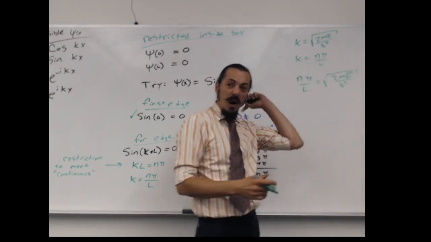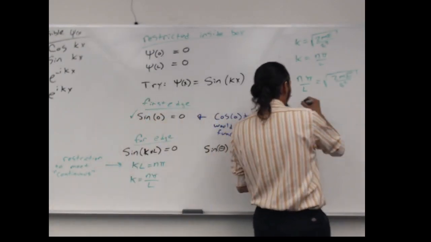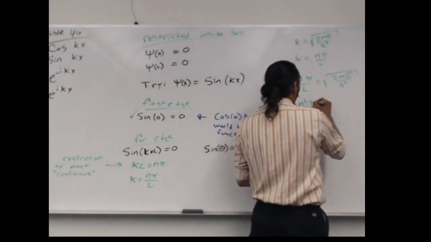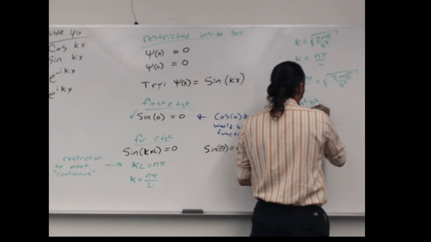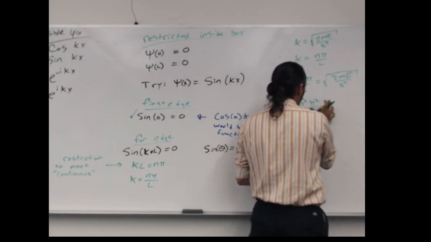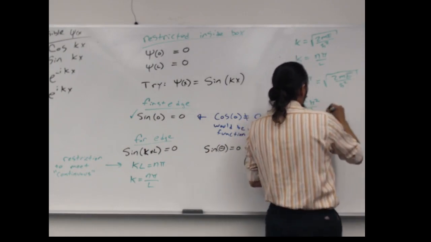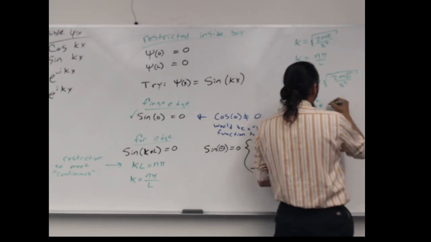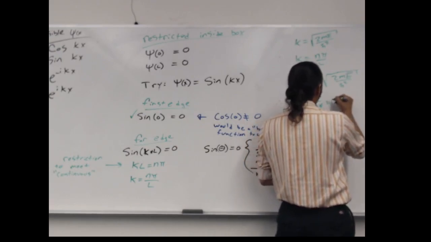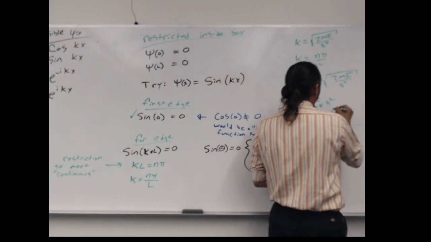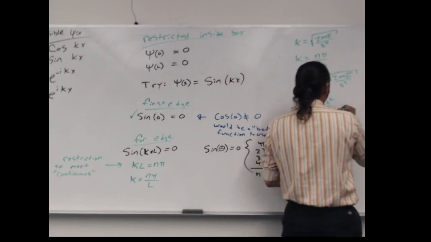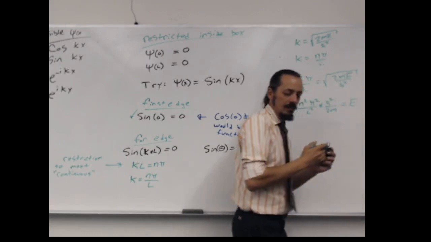We'll often just square both sides to make it a little bit easier: n squared pi squared over L squared. I'm going to rearrange this a little bit more, and we end up with n squared pi squared h bar squared over 2mL squared is equal to E.